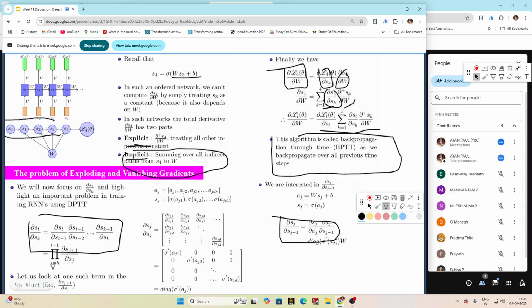In this formula it is the same thing, we are just writing it as a product from j equals k to t minus 1. So we put j, and as we go up to t minus 1, that is why it is del s_(j+1). We are just writing it in another notation.